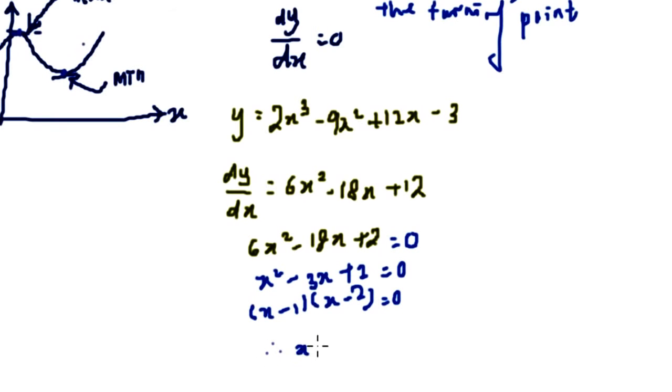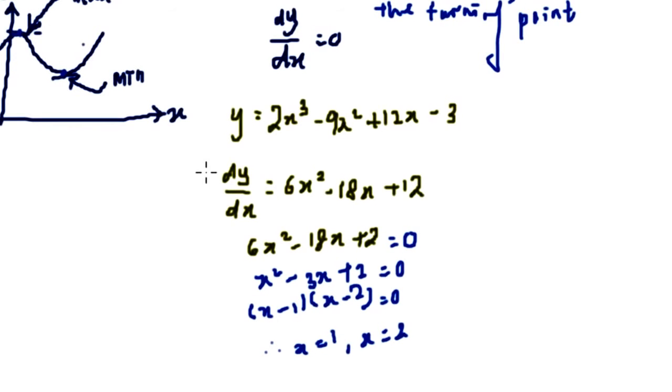So x is equal to 1 and x is equal to 2. So there are 2 points where the curve turns itself. Using x equal to 1 and x equal to 2 in the equation, you will get the value of y.